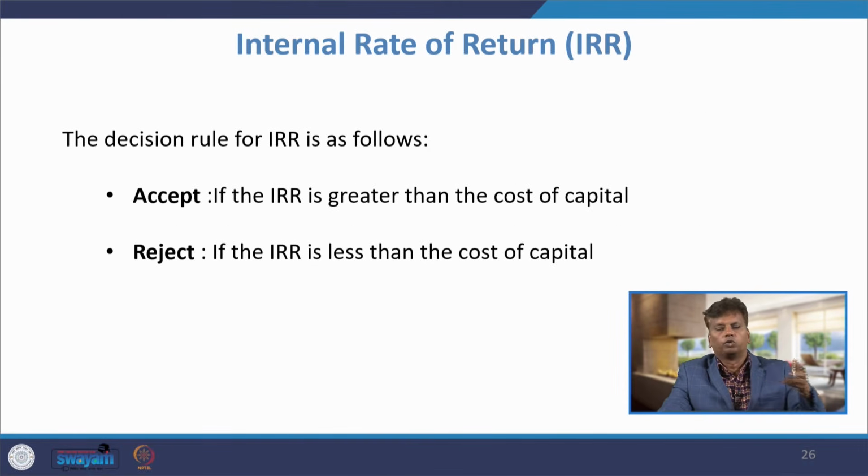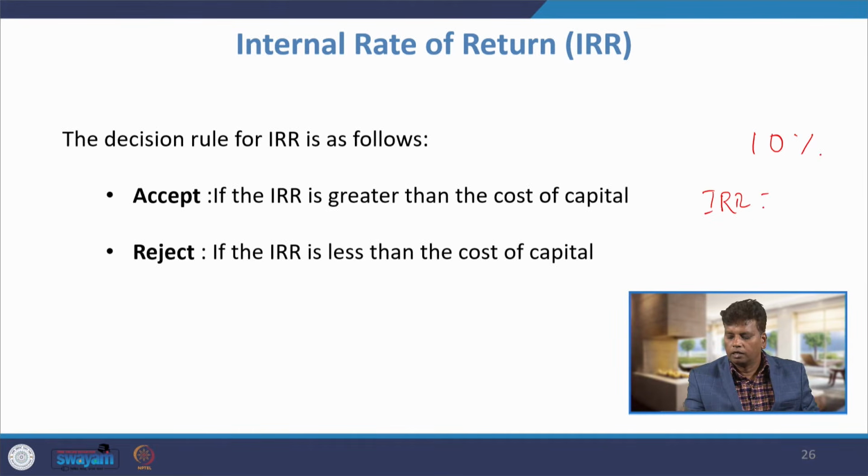So, the decision rule for IRR is as follows: accept if the IRR is greater than the cost of capital. What is the meaning of cost of capital here? Suppose you are borrowing some money from banks at 10%, and your IRR is 12%, then we can accept the project.